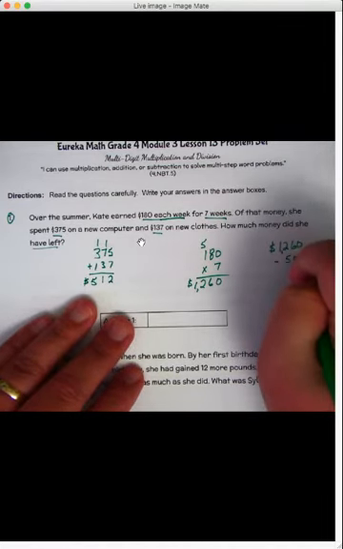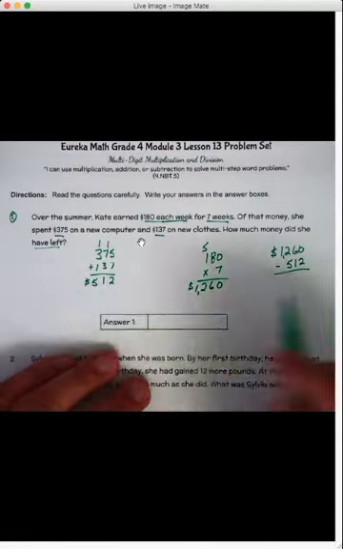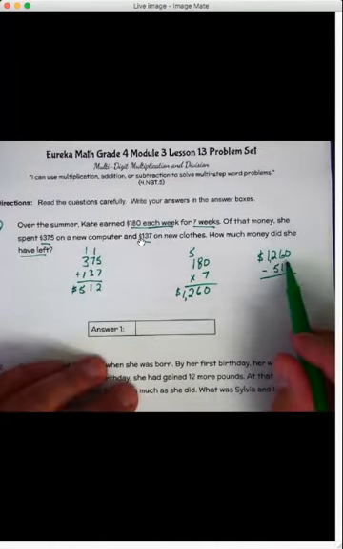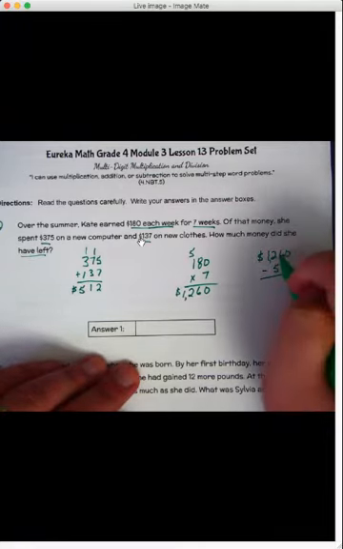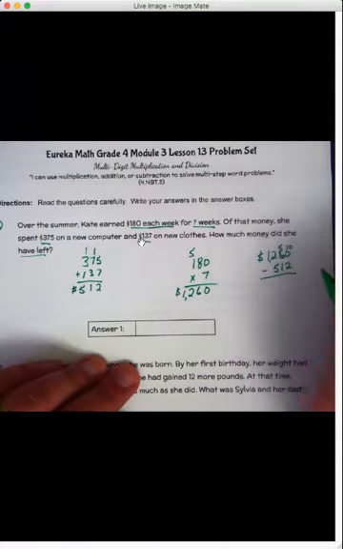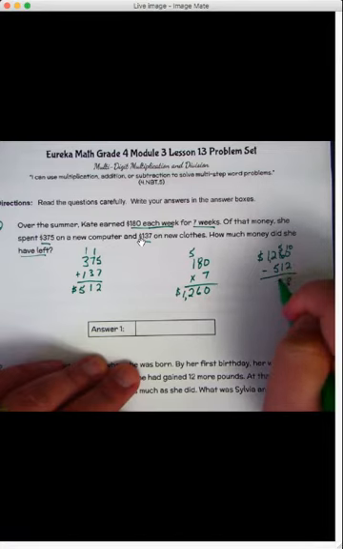So we're going to take those $512 she spent away from how much she earned, and we'll see how much she has left. So we can't take 2 away from 0. We've got to borrow from the 6, make it a 5, make that a 10. 10 minus 2 is 8. 5 minus 1 is 4.